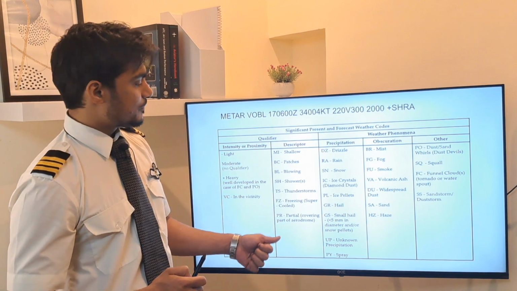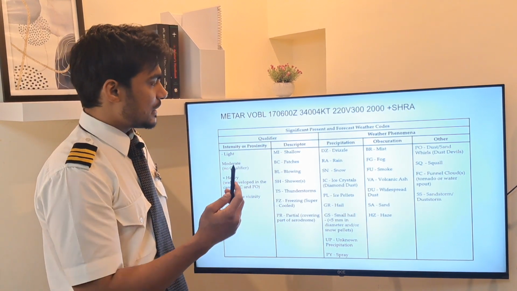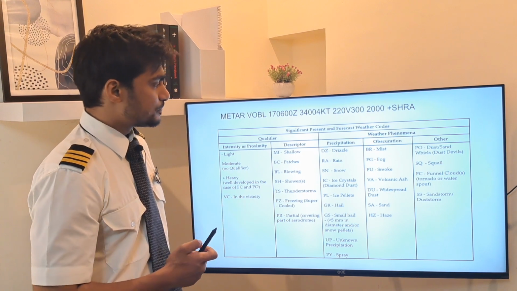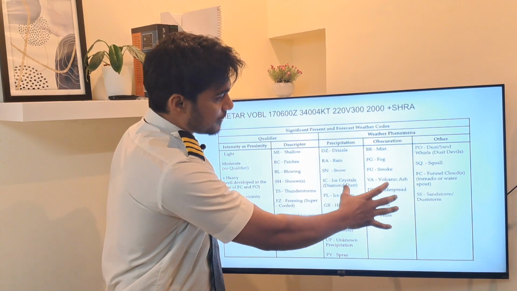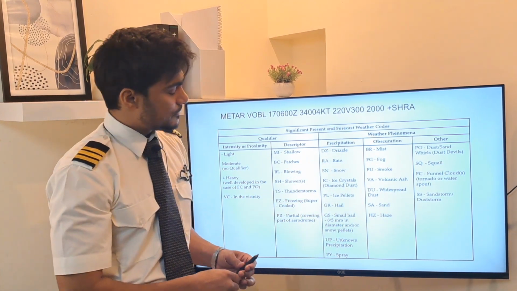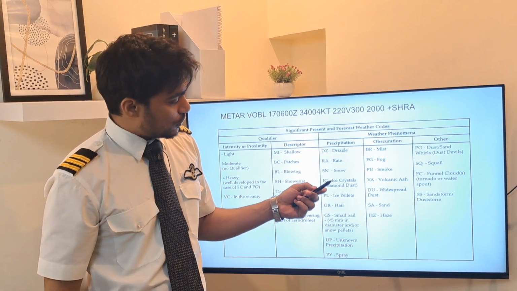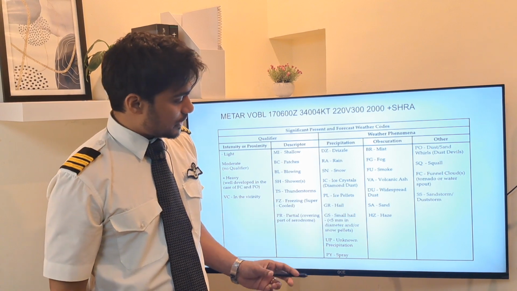Now the descriptor is something that adds detail to the weather, like is it shallow weather, patches, blowing. Then we have weather phenomena. These are your main weather phenomena, which signify what kind of weather you are experiencing. Like precipitation signifies drizzle, rain, snow, ice crystals, pellets, hail. GS stands for small hail.